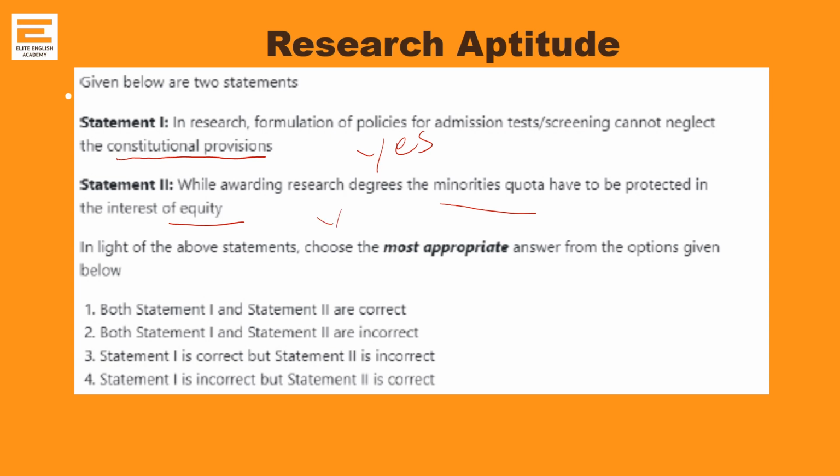This is also yes. So the answer should be both statements are correct. So option 1 is the right option here. Both statement 1 and statement 2 are correct. Though this question is slightly tricky and complicated, it can be easily understood. Please keep it in mind.